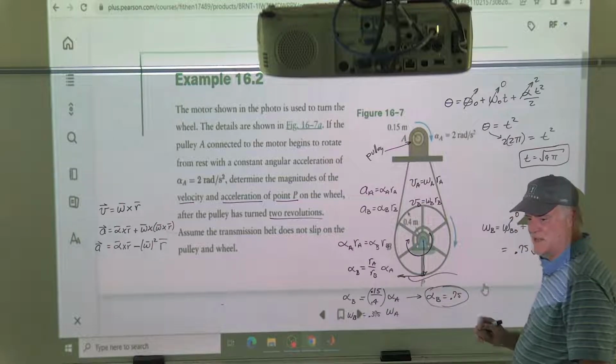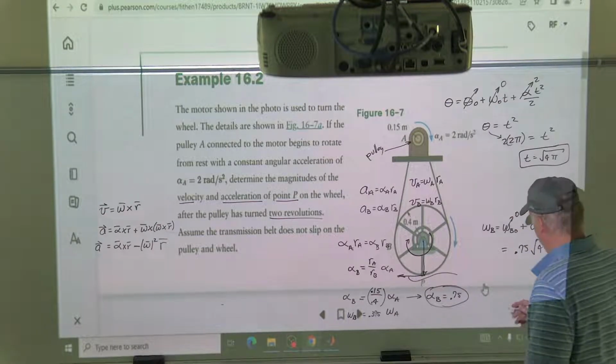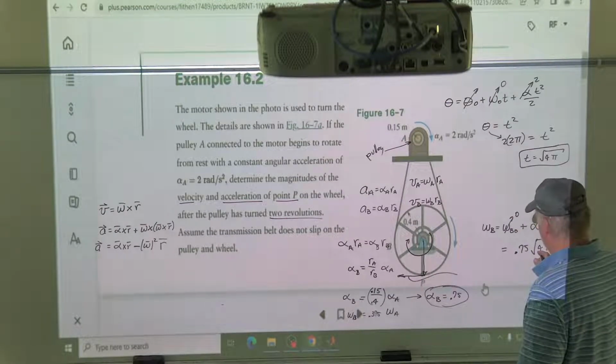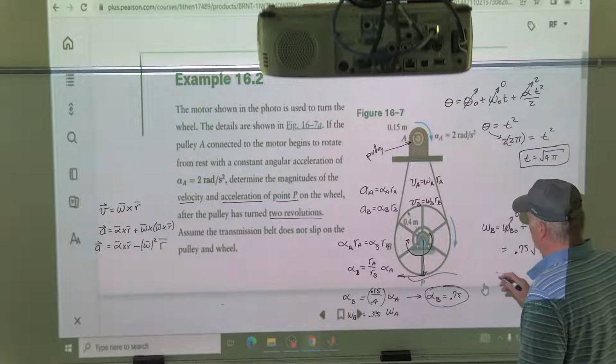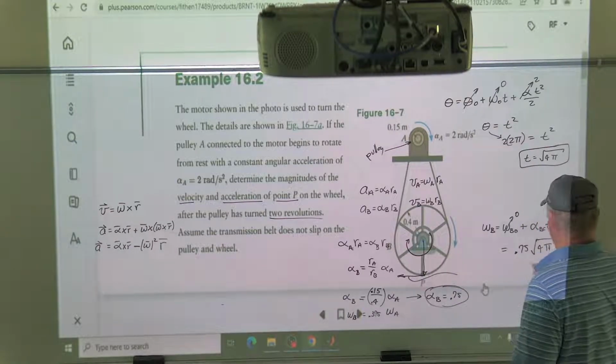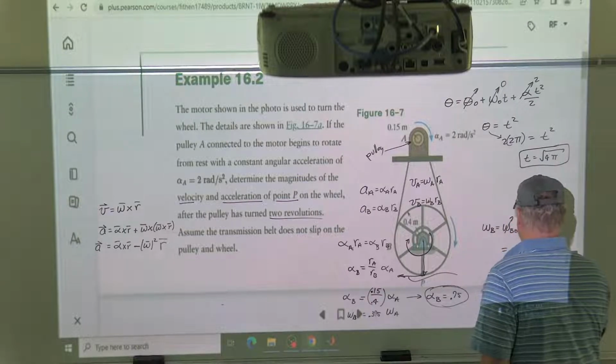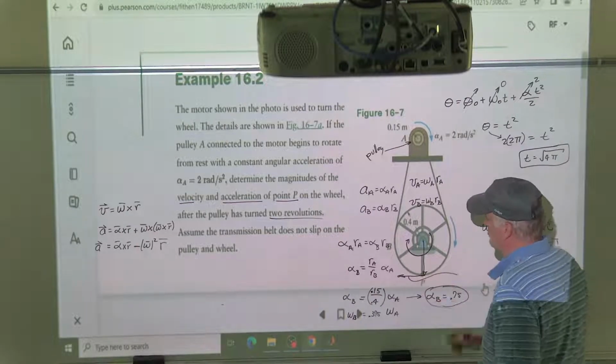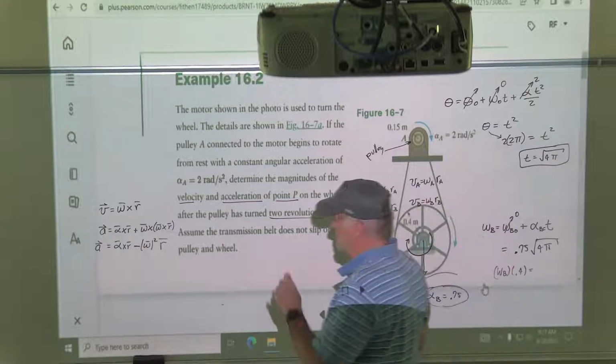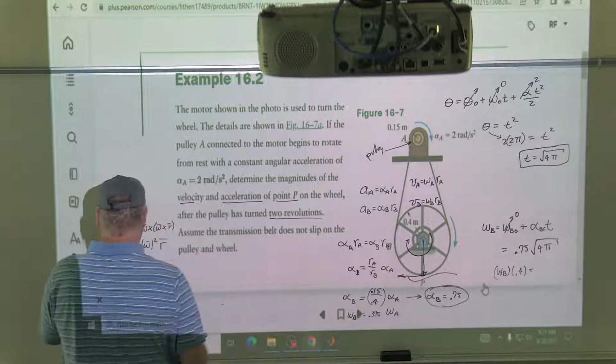Did I make a mistake so far or not? I don't know. So you take omega b times 0.4, and that'll give you the value of that velocity.